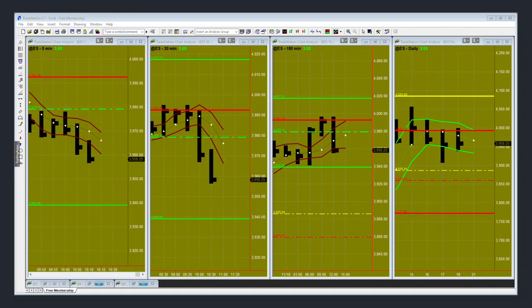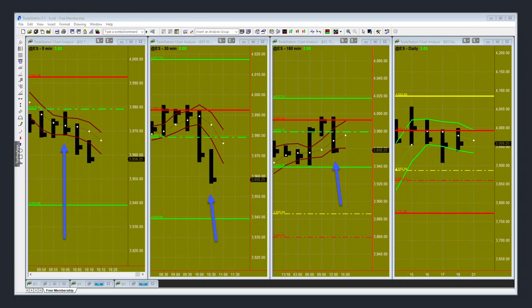Now we move forward a little bit in time. This was the 10 o'clock bar. This is where it finished. So it went up and ran into resistance at the daily PL dot. And now we can see on the 30-minute chart, this thing has fallen significantly, and the support on the 180-minute is breaking.